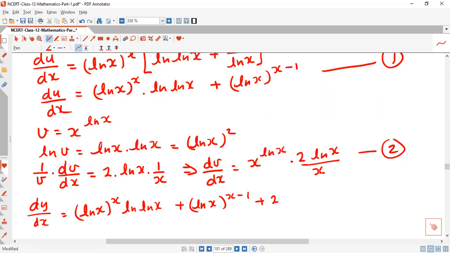You see x is there, taking x upper side, x raised to log x minus 1 into log x.